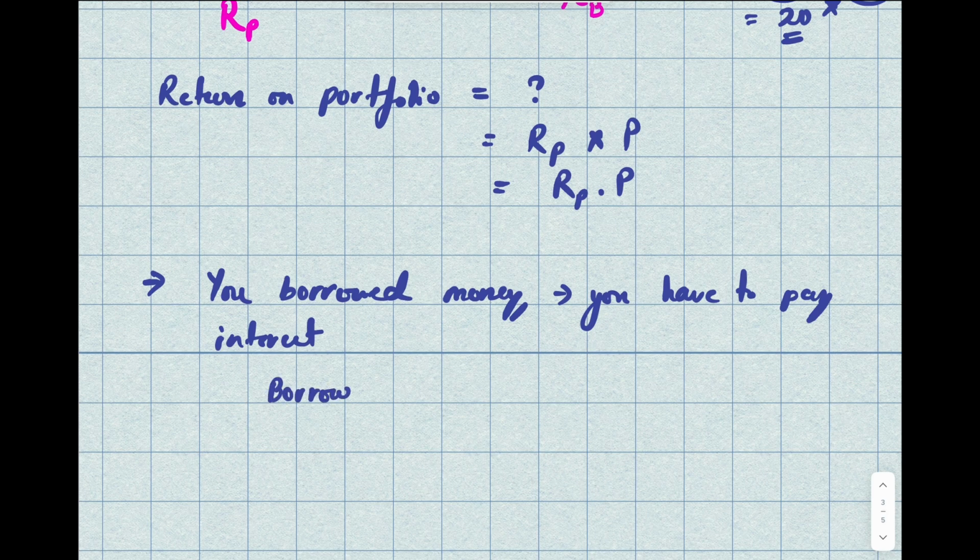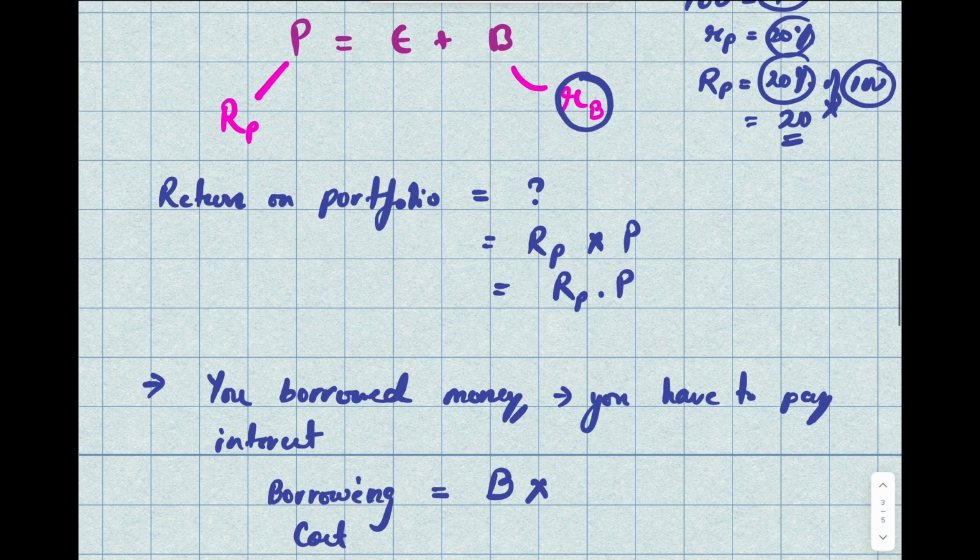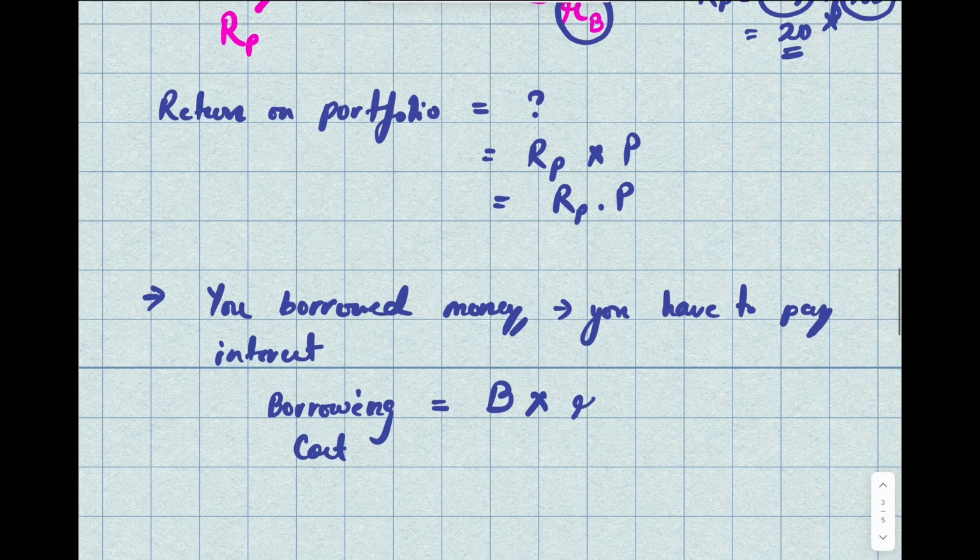The borrowing cost is the amount of interest that you need to repay back. That is the amount of money that you borrowed, B, right, into the cost of borrowing. That is, in this case, RB. Hope till this point everything is clear.